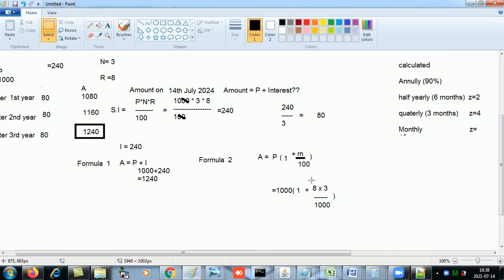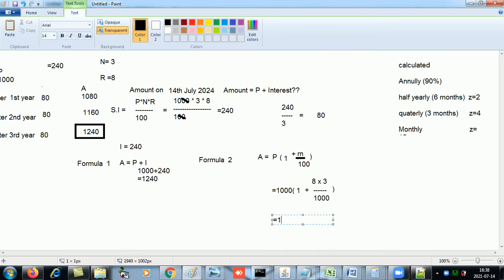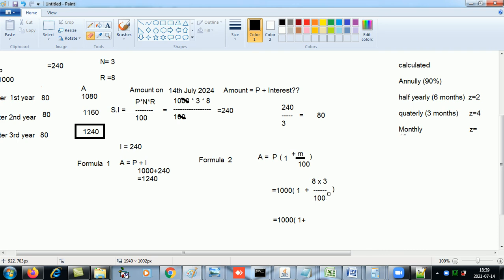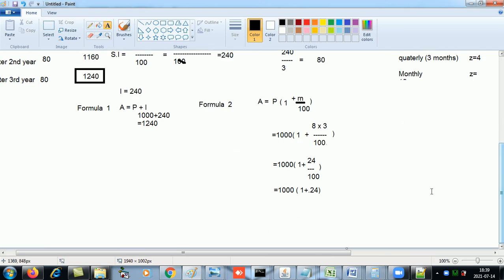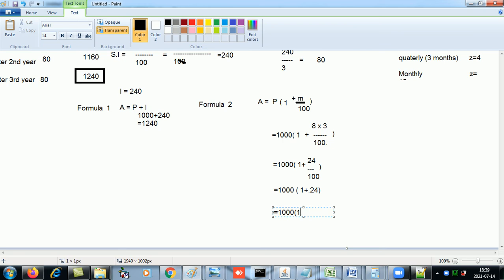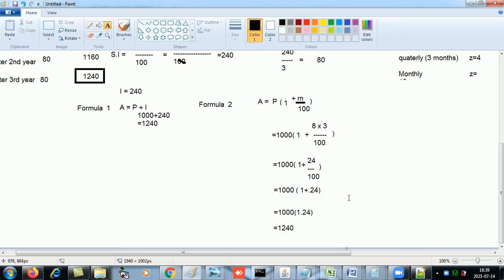So that will be equal to 1000 into 1 plus 24 by 100, which is 1000 into 1 plus 0.24, which equals 1000 into 1.24, which is equal to 1240. Like this also you can calculate the amount directly.